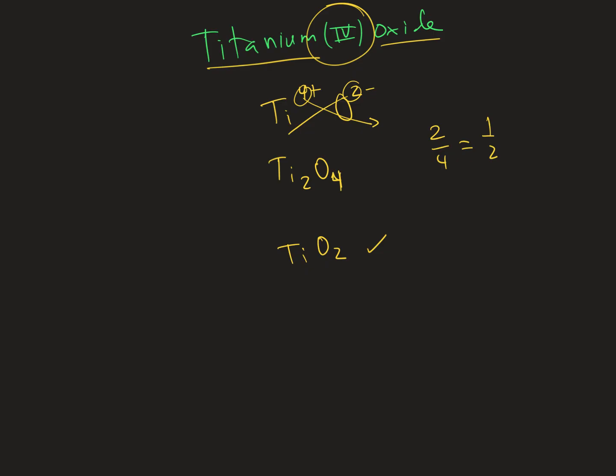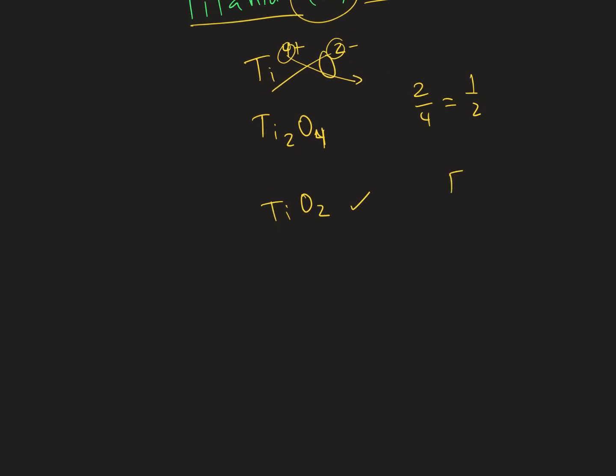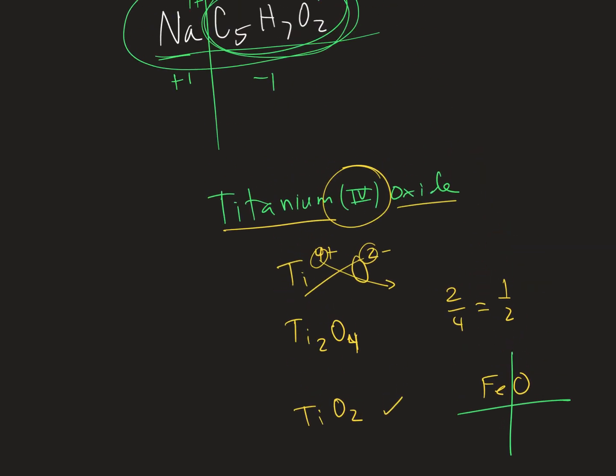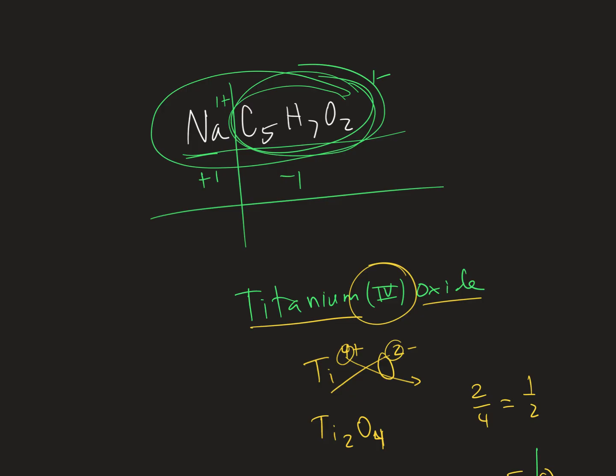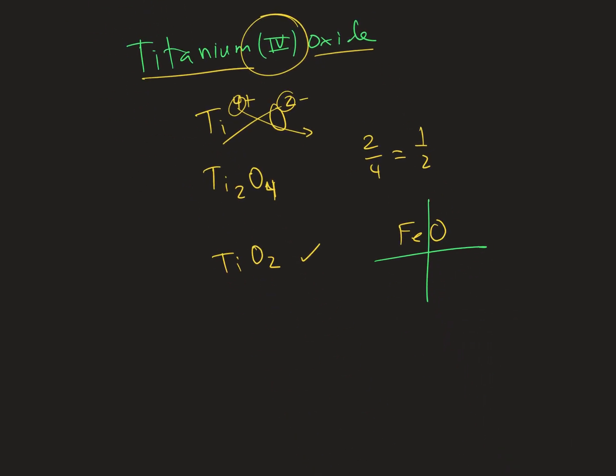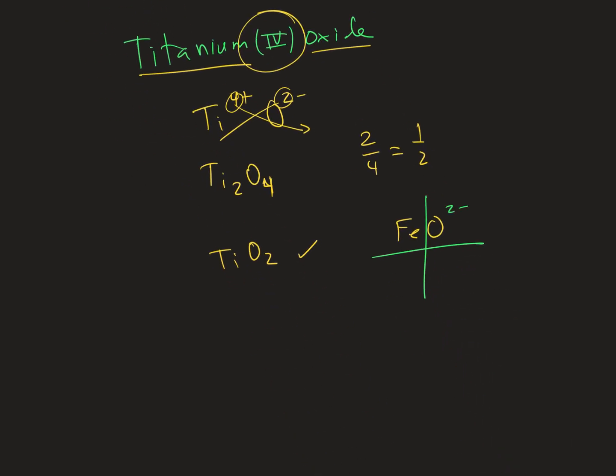But if we have FeO, for example, and we have to write the name, we do exactly what we did right here. We just did it on the other side because this is the side that we knew, right? On this one, we know this is 2 minus.